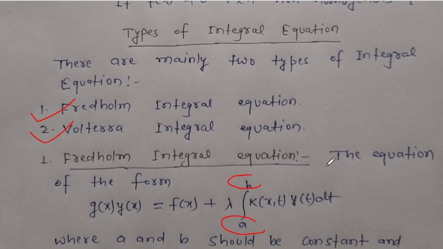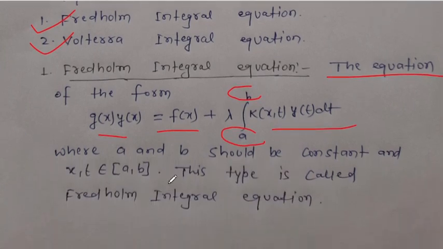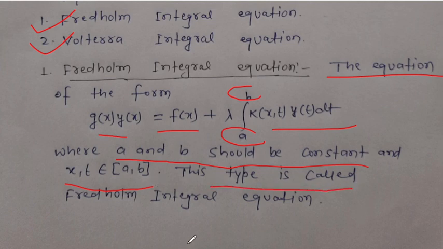Let's have the definition. An equation of the form g(x) y(x) equal to f(x) plus lambda integral from a to b of k(x,t) y(t) dt, where a and b are constants and x, t belong to the closed interval [a, b], is called a Fredholm integral equation.